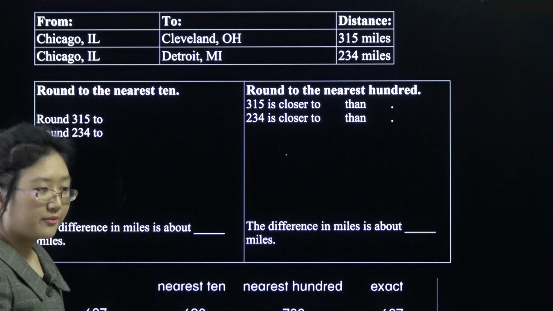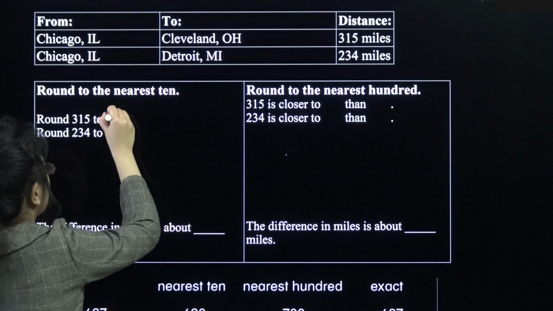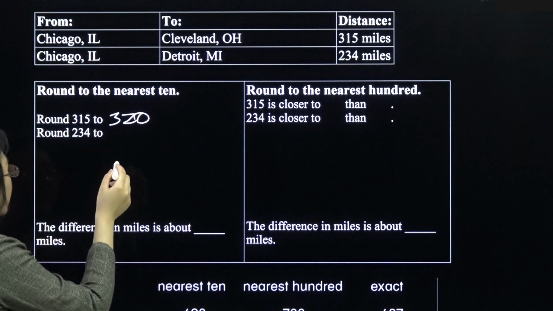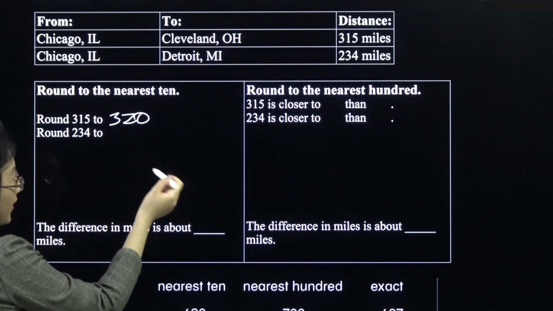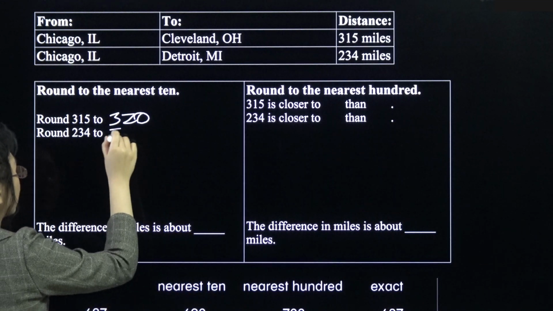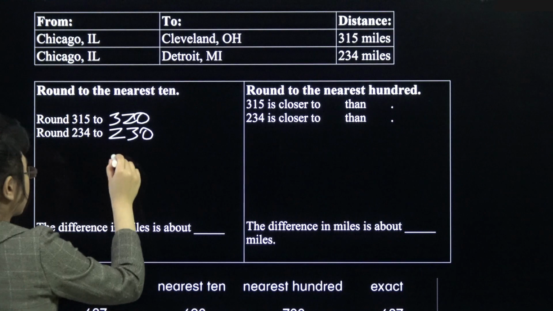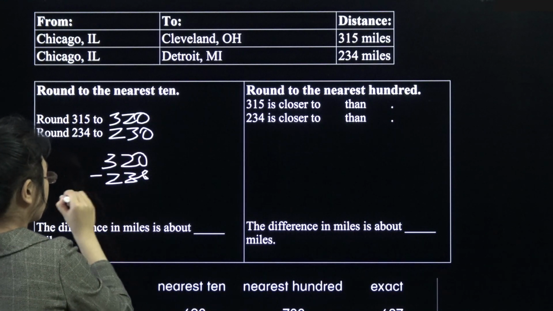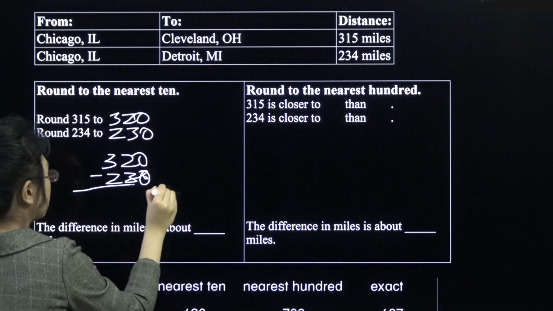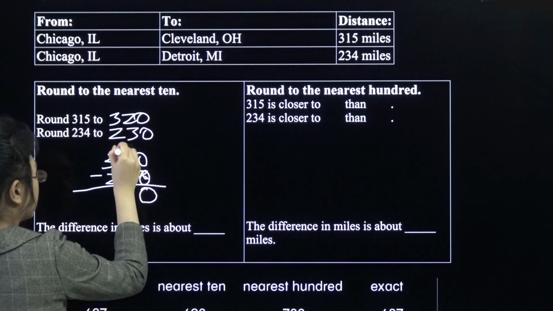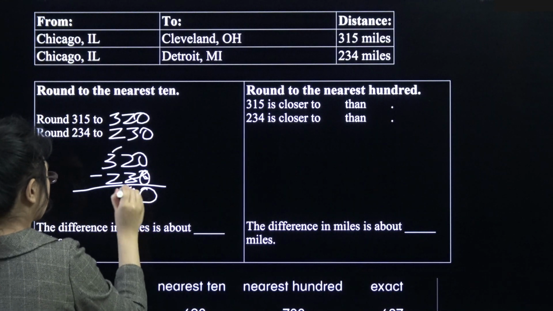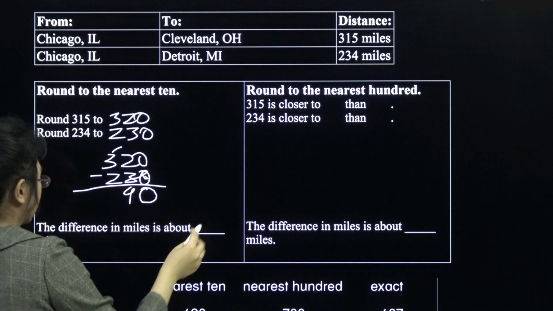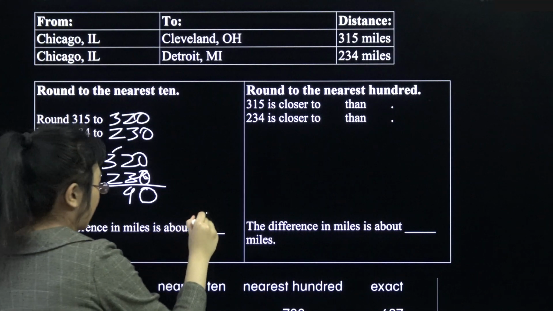What do we do with 5? We round up. 320. Round 234: 4 is less than 5, so 230. 320 minus 230 equals, we regroup, 90. The difference in miles is about 90 miles.